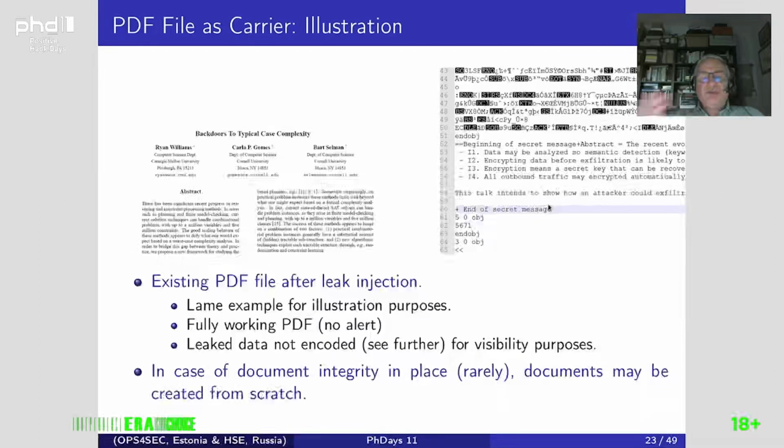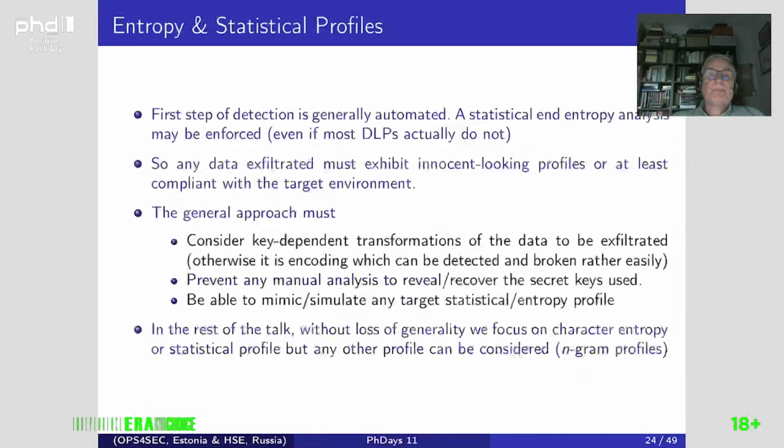Of course, if you suppose that some document integrity checks are in place, you can create those documents from scratch, which means you will bypass the integrity checking. So the next step is not to consider plain text, as in the previous example, but to mimic entropy and statistical profile.